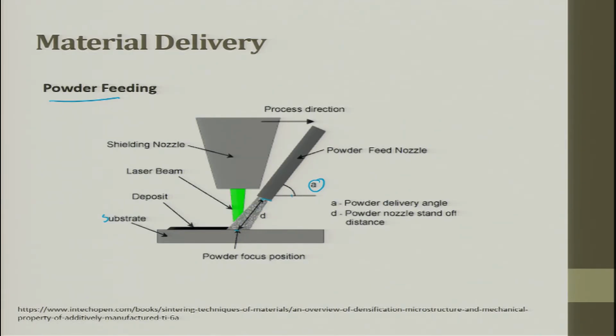Interestingly, standoff distance, generally when you speak of it, is vertical, but here you will have it at an angle. So, this is D, and the nozzle delivery angle is A.